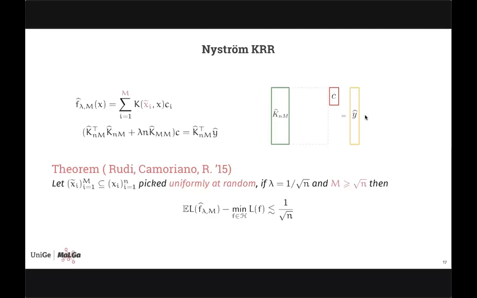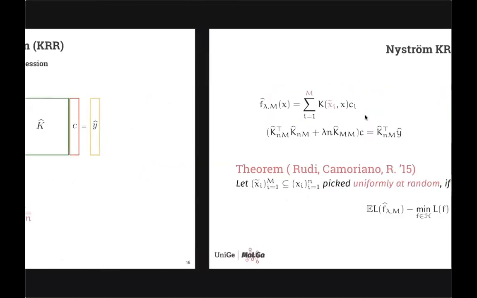Notice that this is in contrast with the typical study when you only study the approximation property of the kernel matrix, where if you don't take into account the fact that you have to solve a downstream task, in this case a supervised learning task, then by replacing the original system with the smaller system, you will lose. But the key point here is that your goal is not to solve this large linear system.